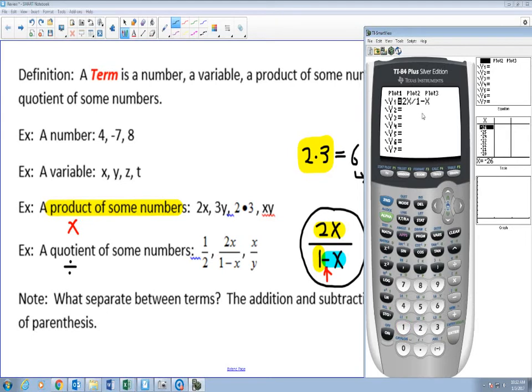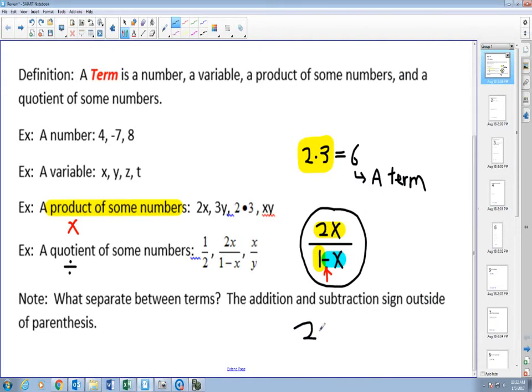If I type it in this way, I'm actually telling the calculator to do 2x divided by 1, then minus x. So the calculator sees it as 2x divided by 1, then subtracting x.